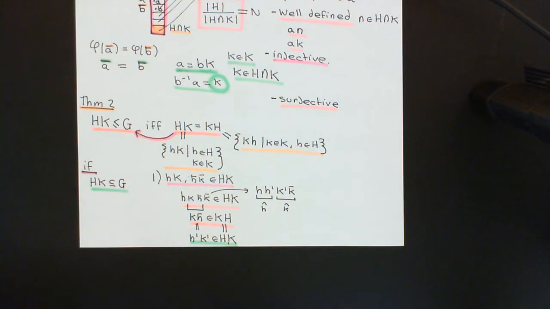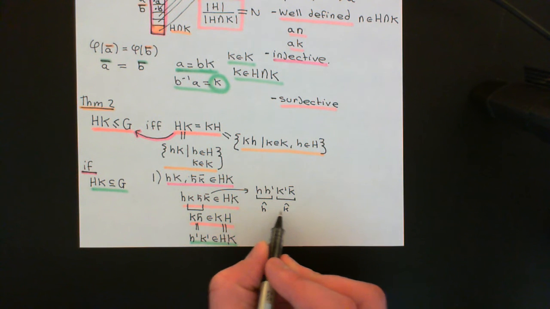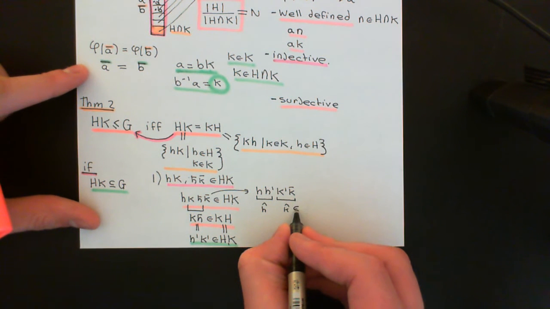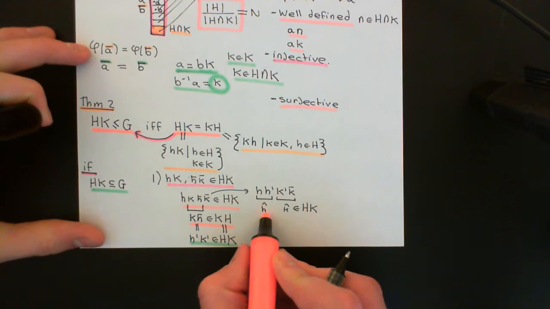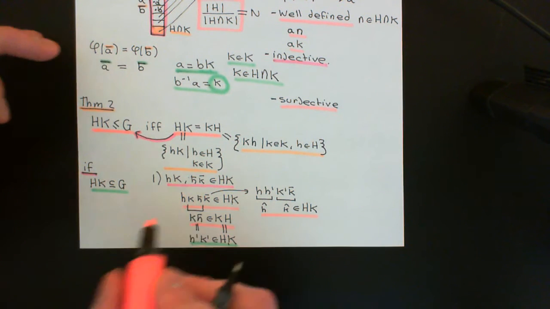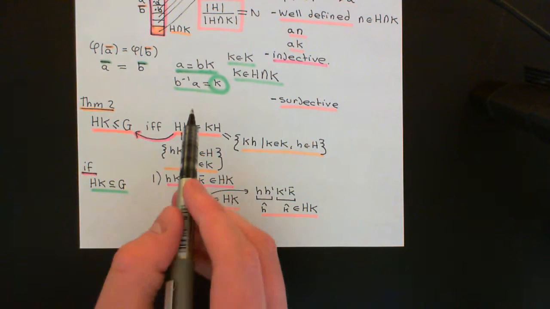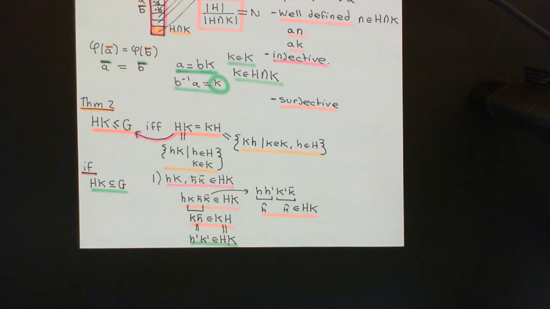Again, because capital K is a subgroup, so if I compose two elements of capital K together, I'll get another element of capital K. So this now becomes little h hat composed with little k hat, and of course that's obviously something that's in capital H producted with capital K. So truly, when you product two elements of this subset together, you are going to get another element of the subset. We used the fact that this was true in order to prove closure there.